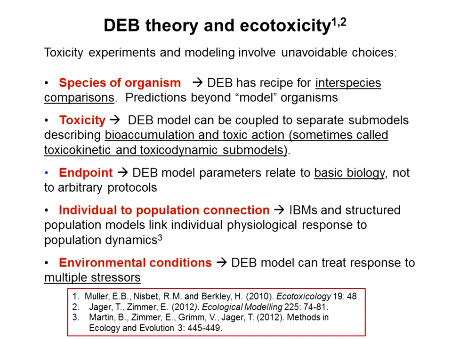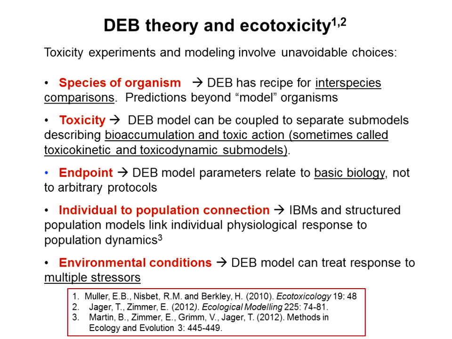So we need something that is more biology-based. And the key argument for using dynamic energy budget theory is that toxicity experiments and modeling involve a bunch of unavoidable choices, and that DEB theory can contribute in some way to mitigating the effect of these choices.